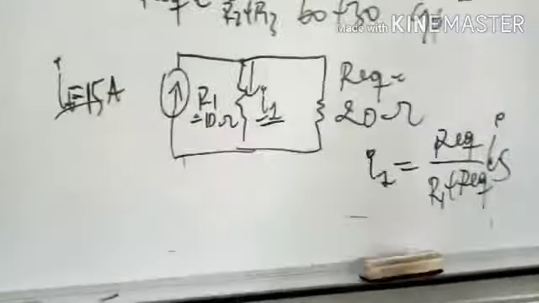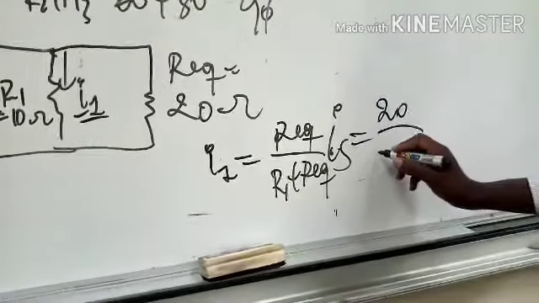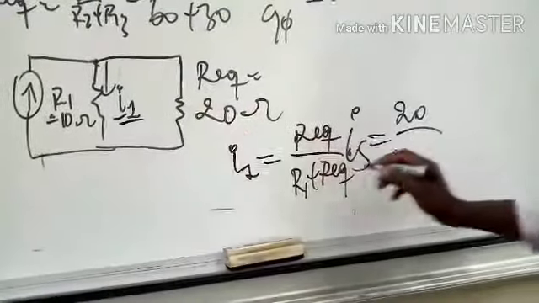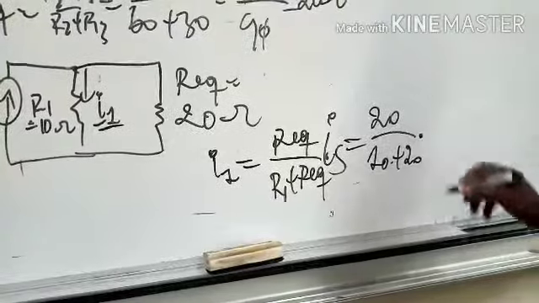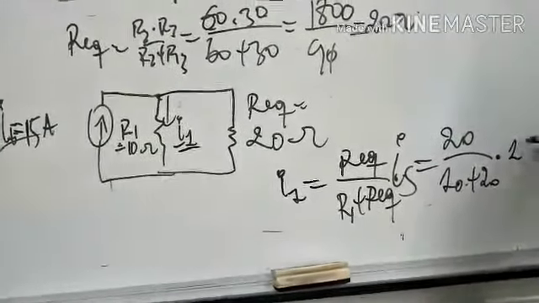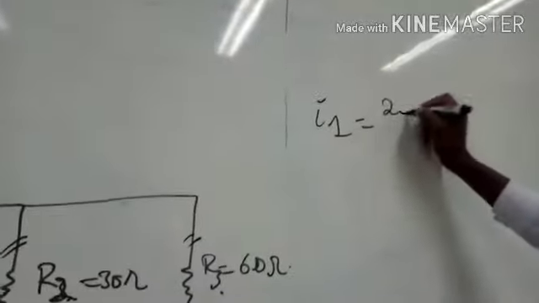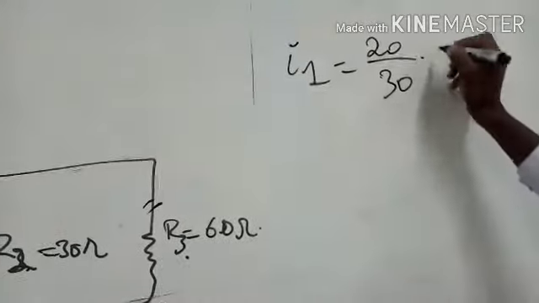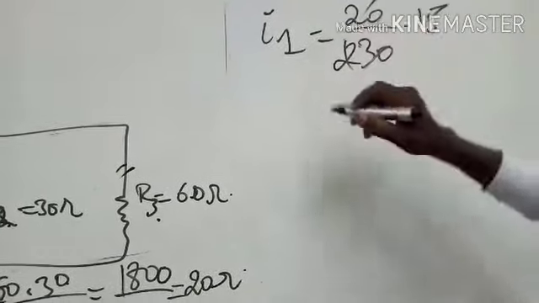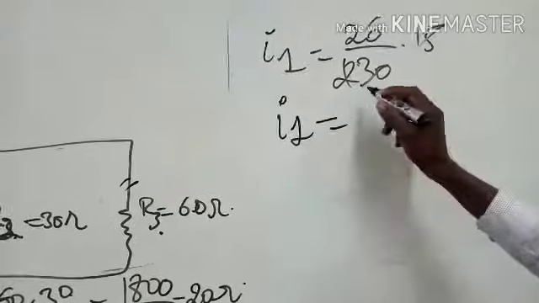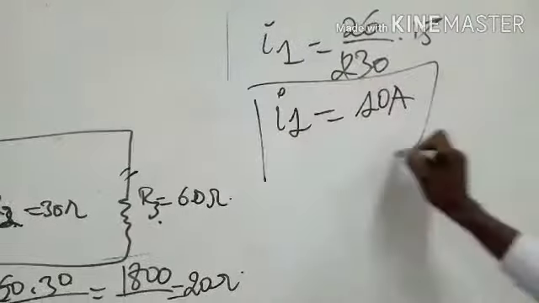Then this will give us 20 over R1, which is 10, plus 20, times the initial current, which is 15. Then I1 is equal to 20 over 30 times 15. Then we simplify this, and current 1 is equal to 10 amperes, and here is the solution.